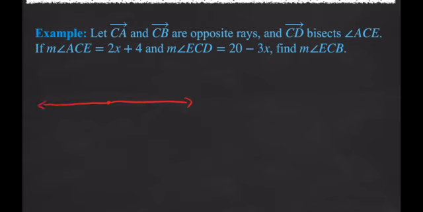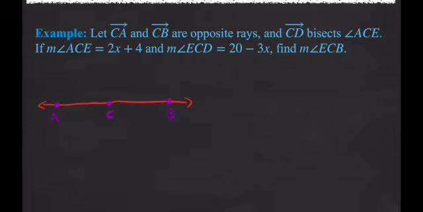Where they are a straight line, remember, we have 180 degrees for any straight line. Let's go ahead and put some points on here. We have point C, which is the point that they both have in common. Then we have point A and B on those rays. So this is our opposite rays. We have A, C, and B.